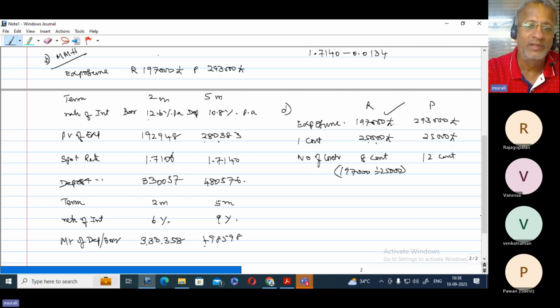The reason is that you would be finding this 25,000 pound sterling and 197,000 pound sterling are in the same currency, so it is easy to do it. Whereas in the problems that we have seen in the institute material, the exposure will be in a different currency, and one futures contract may be denominated in another currency.